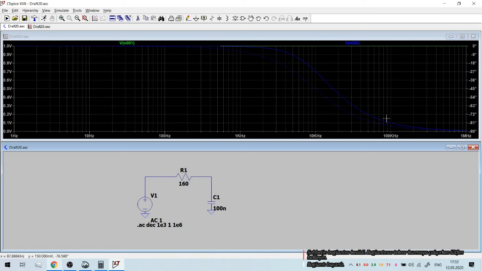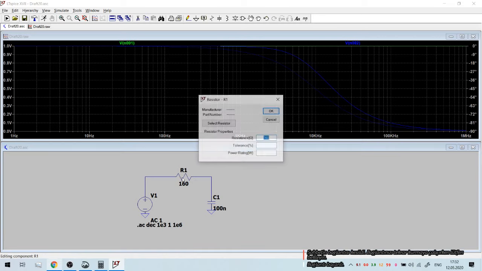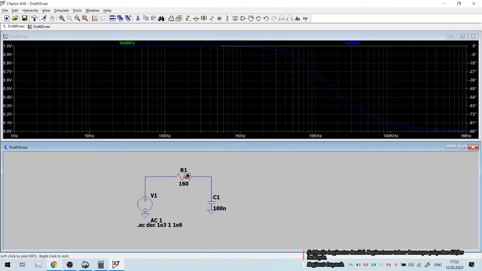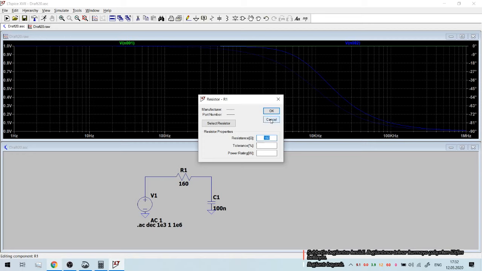If there is a 1 kHz signal, 100 kHz signal, this ripple will be reduced 10 times. You can see. But I don't want this. I want to increase this parameter.